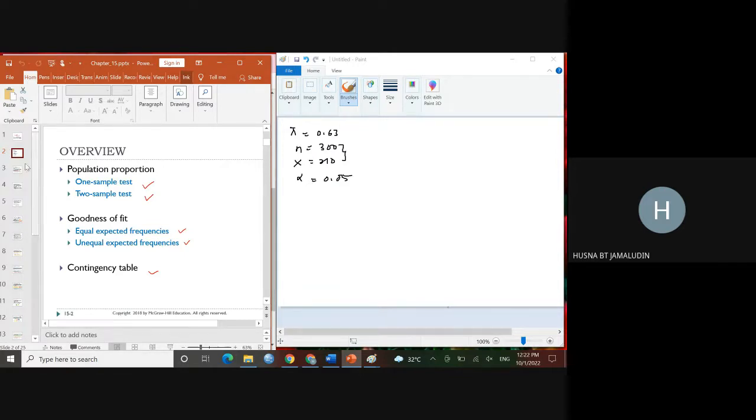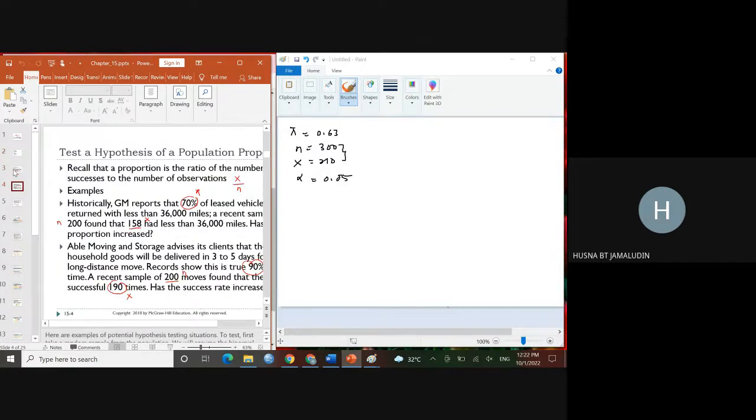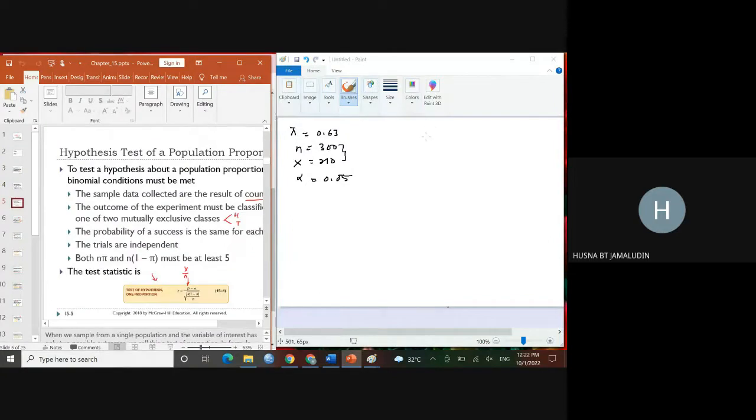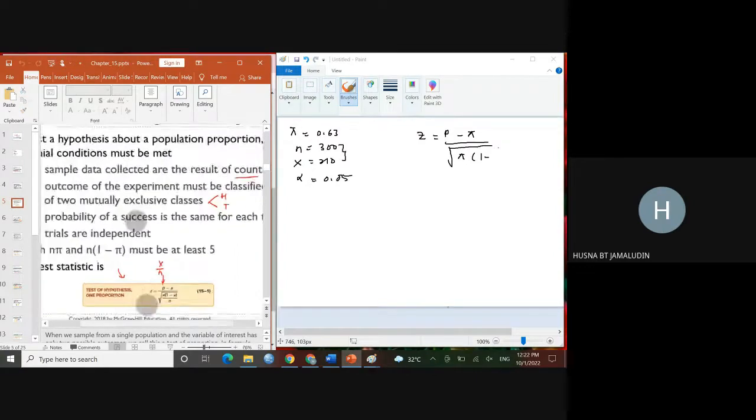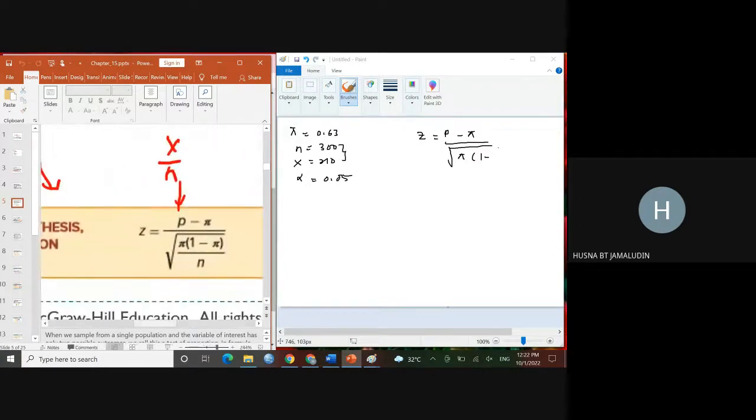So what is the formula? Let me just write the formula. The formula is z equals proportion minus pi over the square root of pi times 1 minus pi, over n.